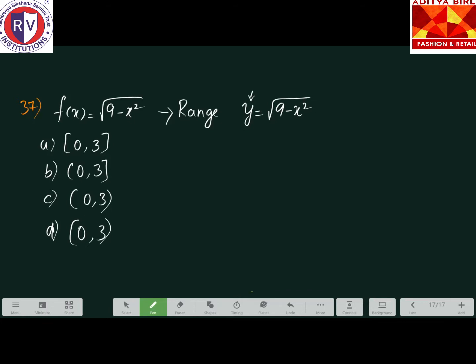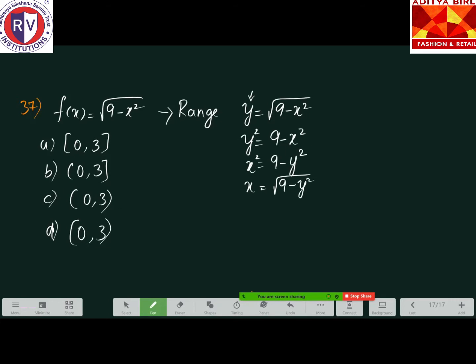Okay, so let me square this. y square will be equal to 9 minus x square, or this can be written as x square is equal to 9 minus y square, or x is equal to root of 9 minus y square. Since we have to find out the possible points, that is y, and since it is under the root, this 9 minus y square must be greater than or equal to 0.